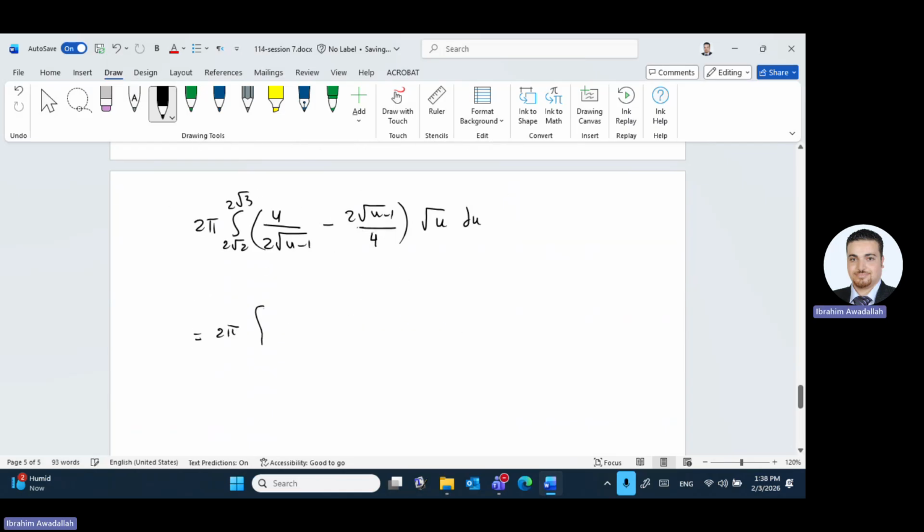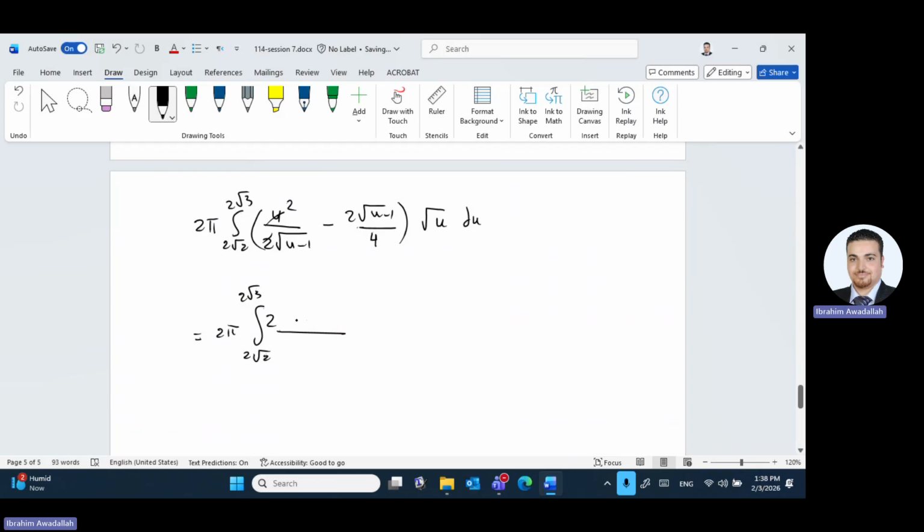2 pi times the integration from 2 root of 2 to 2 root of 3. Multiply this here, it will be 4 root of u divided by 4 with 2. This will be 2 up, so 2 outside.